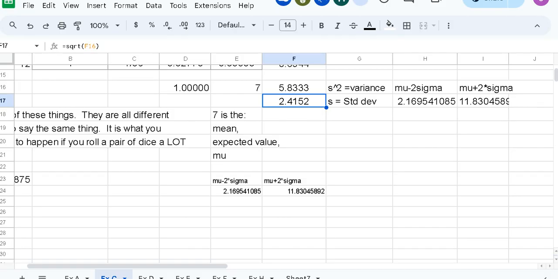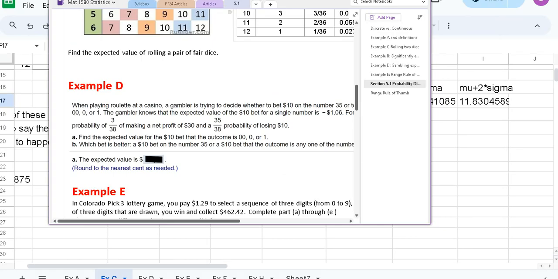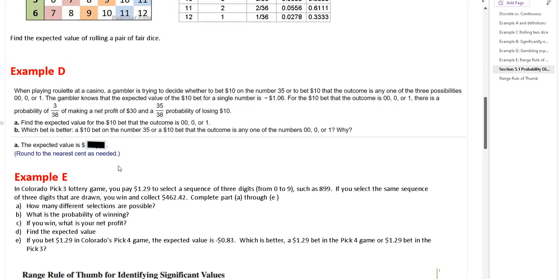Okay. Let's move on to example D, which is going to be a lot shorter, I think. When playing roulette at a casino, a gambler is trying to decide whether to bet $10 on the number 35 or to bet $10 that the outcome is any one of 3 possibilities, 0, 00, or 1.